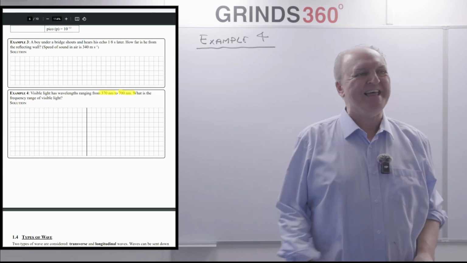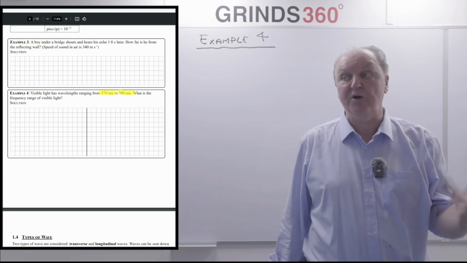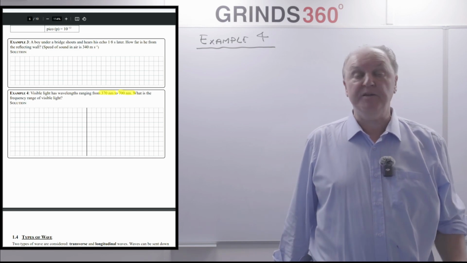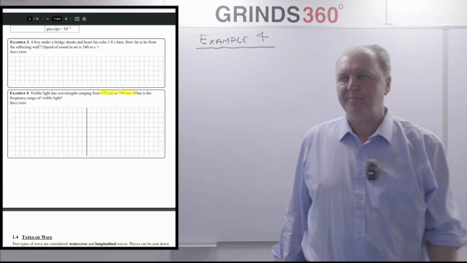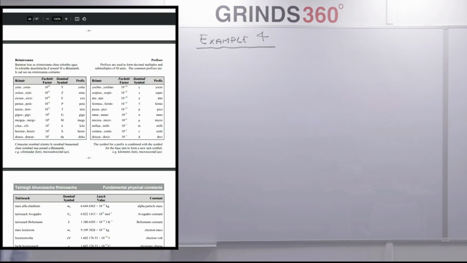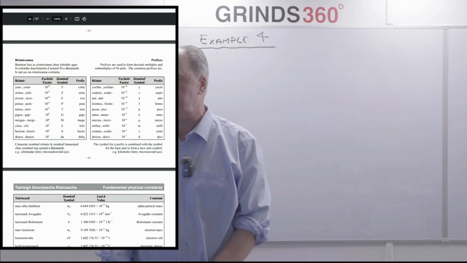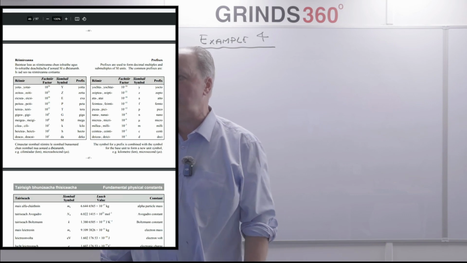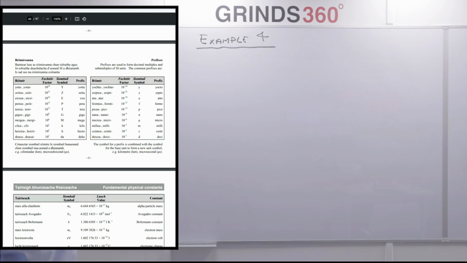That nano, that little n thing, that's called a prefix, and that represents a power of 10. Now, you need to use your table book to find out exactly what power of 10 that prefix is referring to. If I go to my table book, page 45 is a very important page. On page 45, you've got a list of all your prefixes. On the left-hand table, we have all the big prefixes.